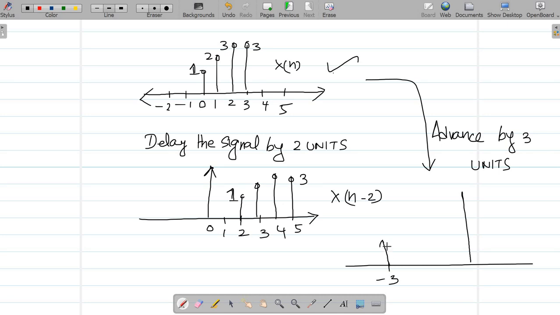So this will be 1, then you will have 2 here, then 3 and 3 here. So these are at minus 2 and minus 1, and this will however be 0. This is how the signal is going to be after it is advanced by 3 units. I can represent it as x of n plus 3.